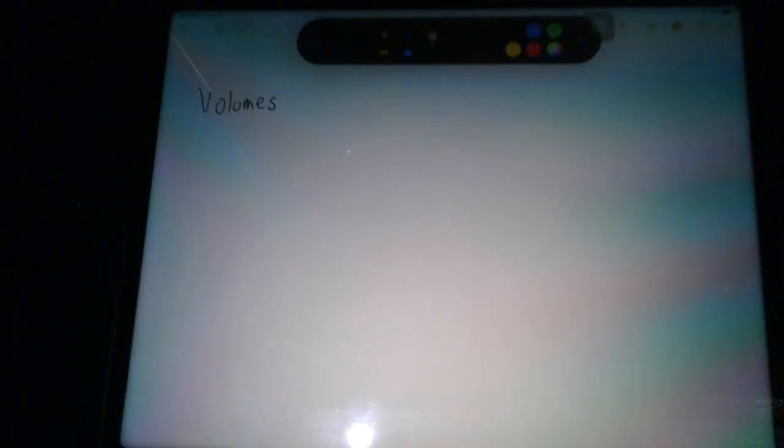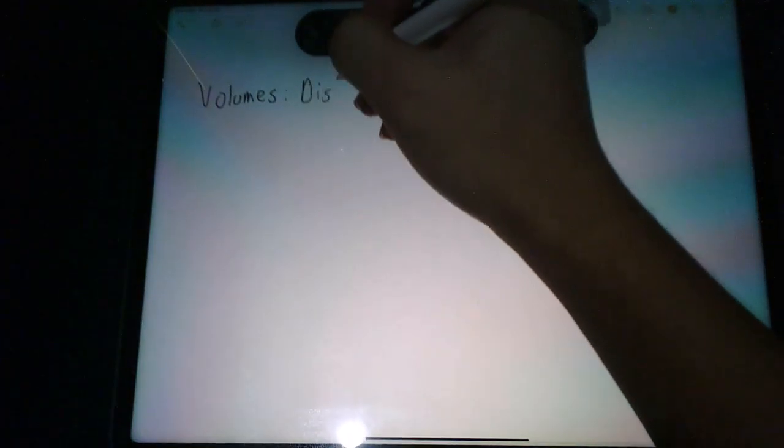So good day again, everyone. Today we are going to talk about part 2 of application of integration, and that is volumes. So volumes has 3 methods. First is the disk method.